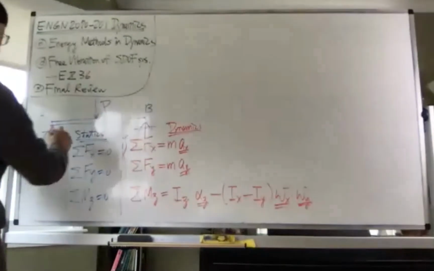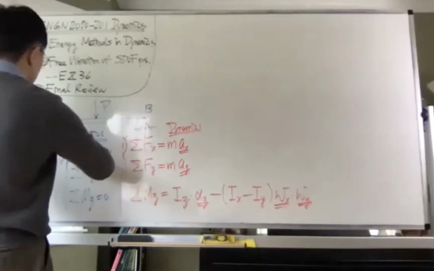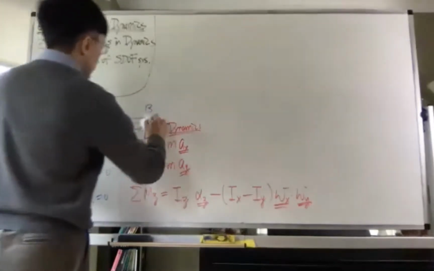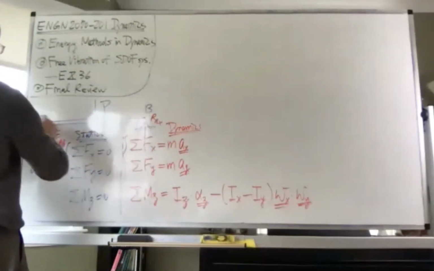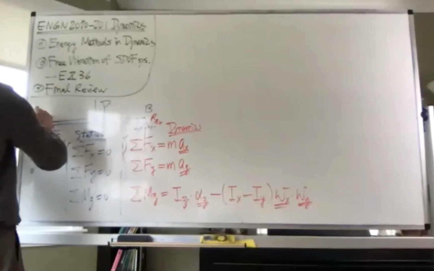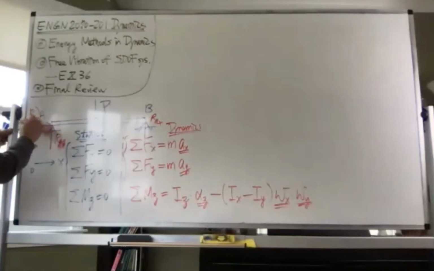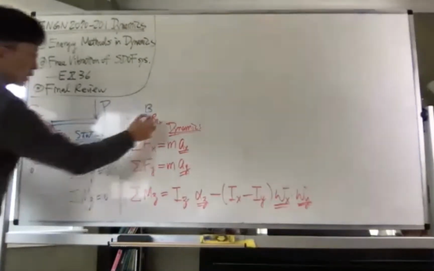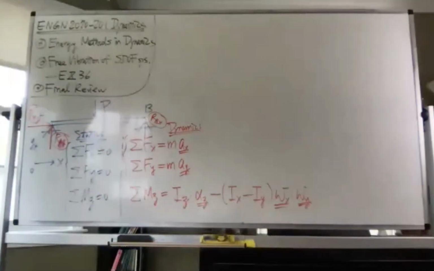Either it's the reaction Rax, or Ray, and this is Rbx, and because this point can move, there's no horizontal force. The 3 forces you can find are Rax, Ray, and Rbx. Only 3 of them with the 3 conditions. No more.